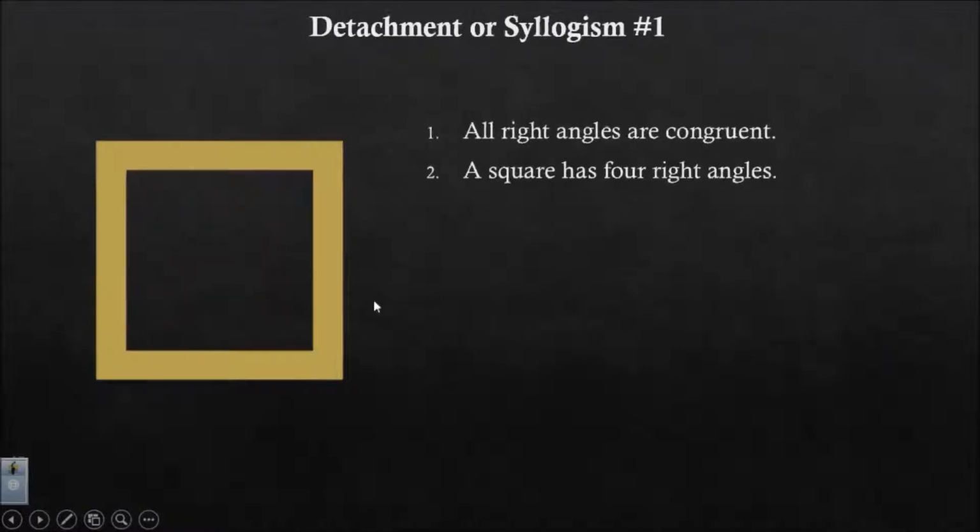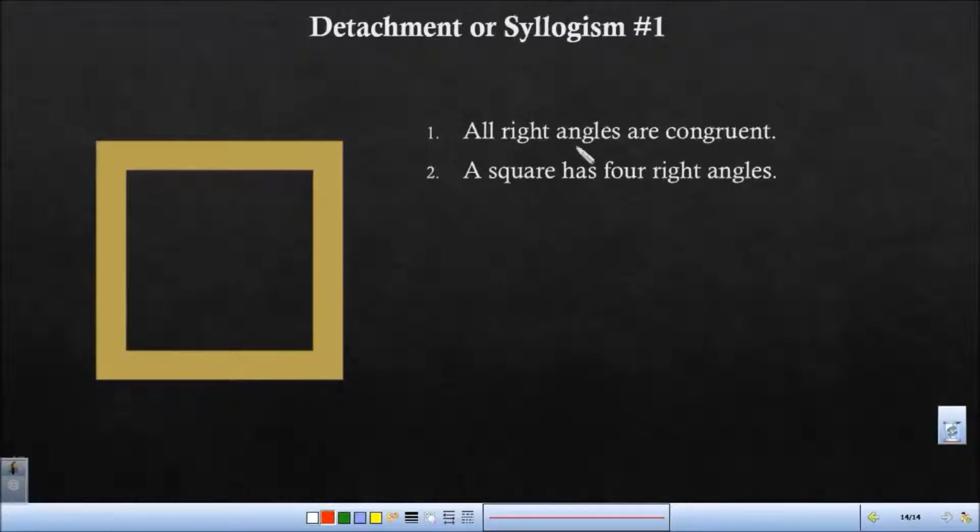Okay, so is this a detachment or a syllogism? We're looking at two statements. All right angles are congruent, and a square has four right angles. Neither of these is an if-then statement, so it's not a detachment. We're looking at a syllogism. A universal premise here at the top, and then a specific premise in the second spot.